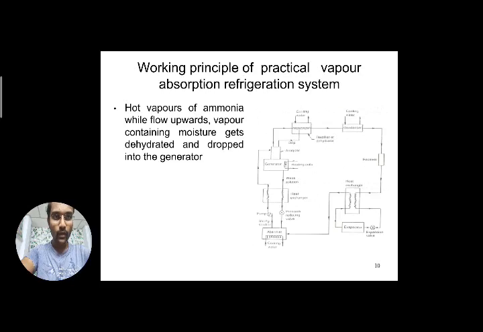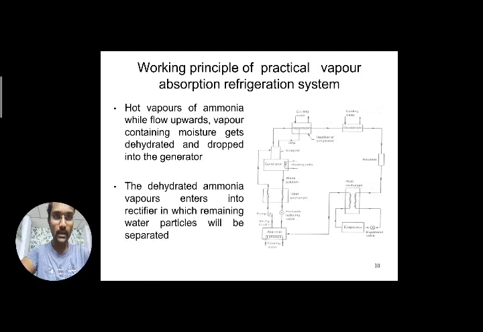Whenever it makes contact with the hot ammonia vapor, a little drop in the temperature will take place, and due to that little drop, the moisture will get condensed or dehydrated, and it will drop into the generator again. So that is the use of the analyzer.